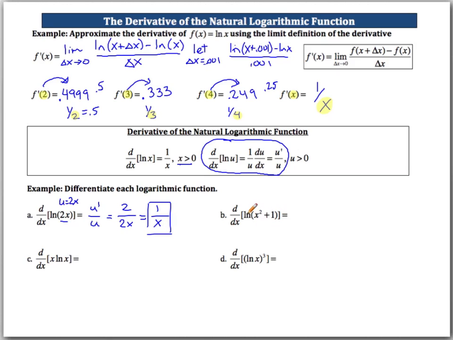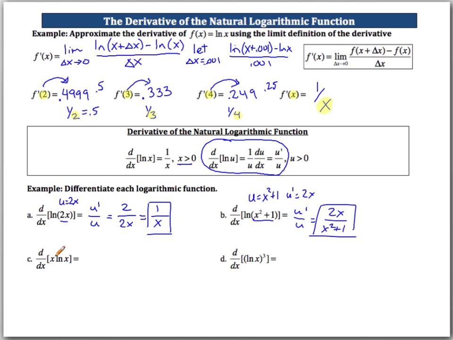Let's try letter B. Now we have the natural log of x squared plus 1. So again, we have this u idea where u equals x squared plus 1, and we would know u prime is 2x. And so this becomes u prime over u, which is 2x over x squared plus 1. And no simplifying here. There's your final answer. For letter C, now we have the derivative of x times the natural log of x.